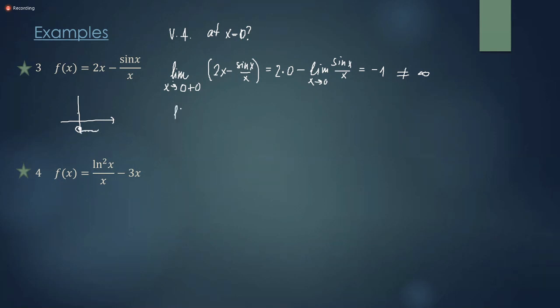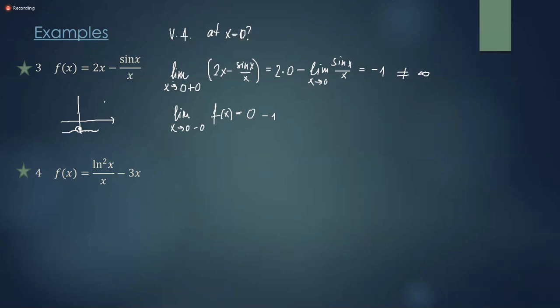And on the other hand, if x tends to 0 minus, 0 from the left, we still have the same. So f of x, we still have 2 times 0 is 0 minus the limit of sine x over x, which is minus 1. So it looks like we don't have a vertical asymptote, because from both sides the function value tends to minus 1 when x tends to 0.